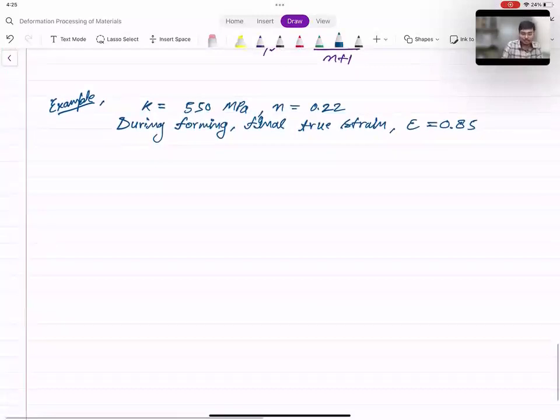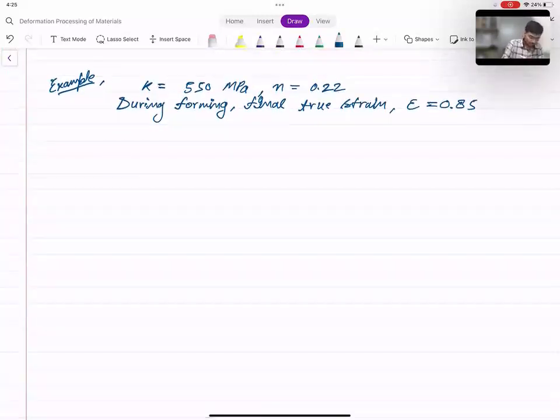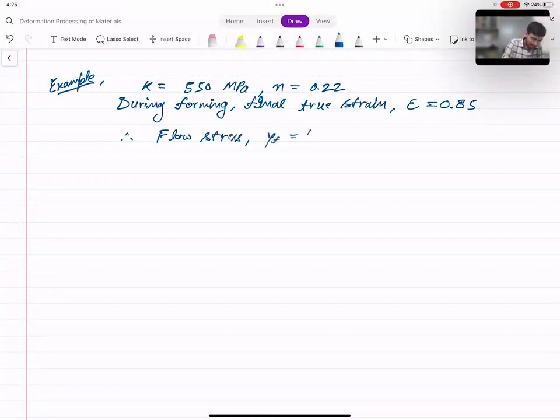The flow stress, we know, is given by K times epsilon to the power n. We directly substitute the values. K is 550, epsilon is 0.85, and n is 0.22.